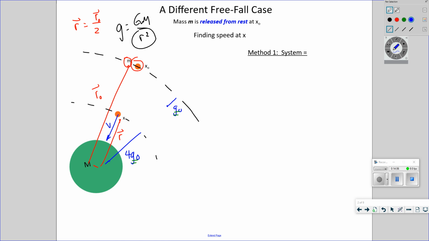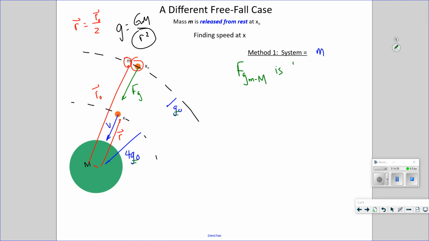Method 1, let's call it. The system we're going to define is m. And what that means is there is a gravitational force exerted on m by big M, and that is what's called an external force.